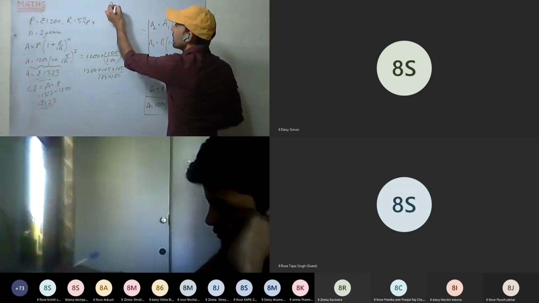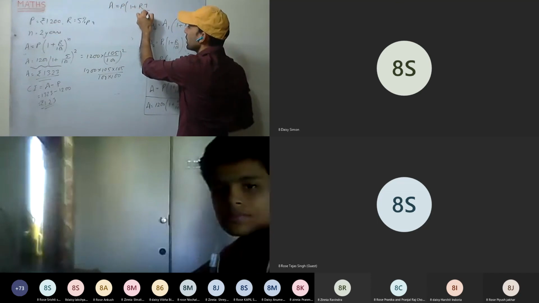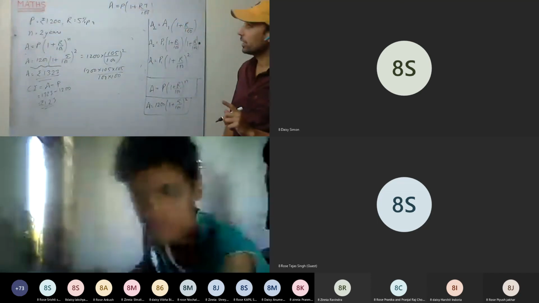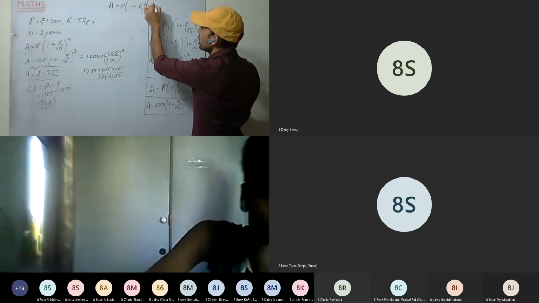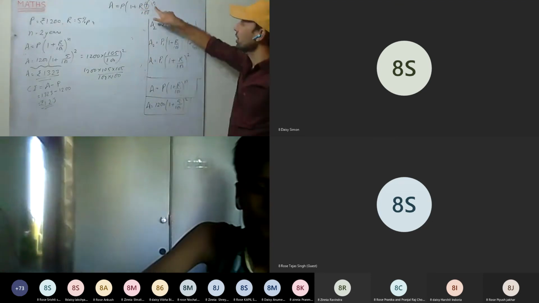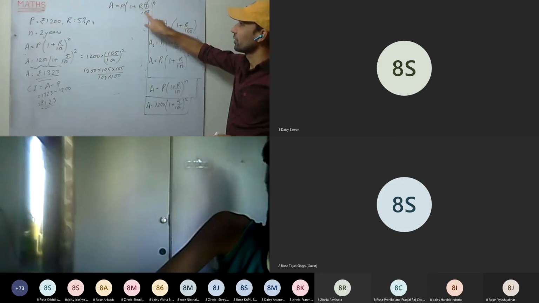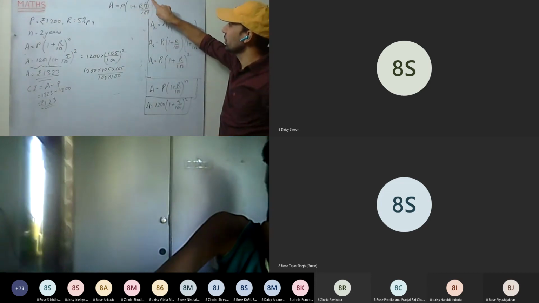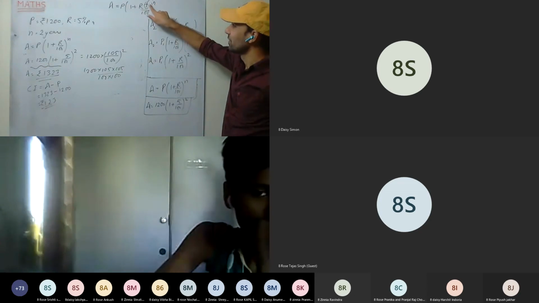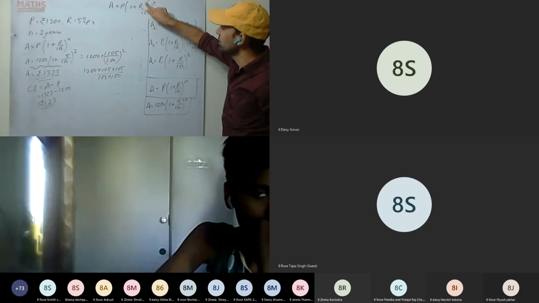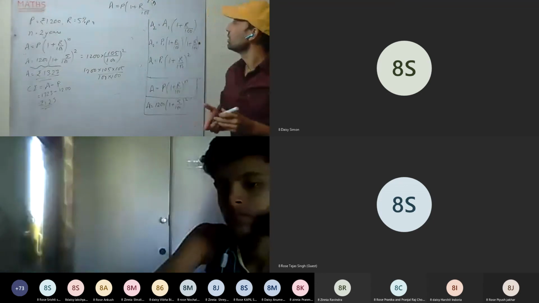Earlier you have already done A equal to P into 1 plus RT upon 100. What you have to do is remove this T from here, put it here, and convert it into N. That much only. T jumps from here and comes on the top.